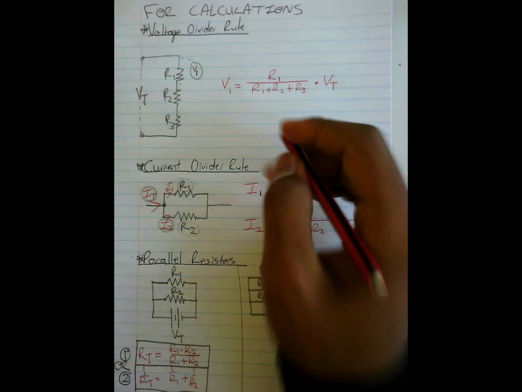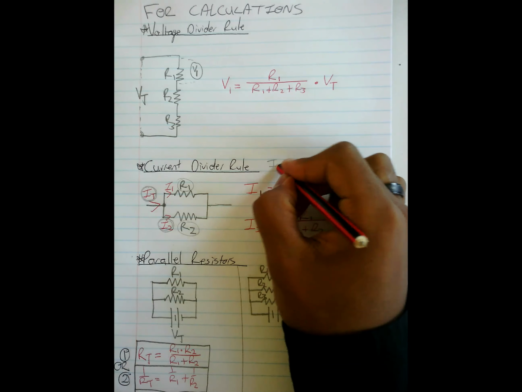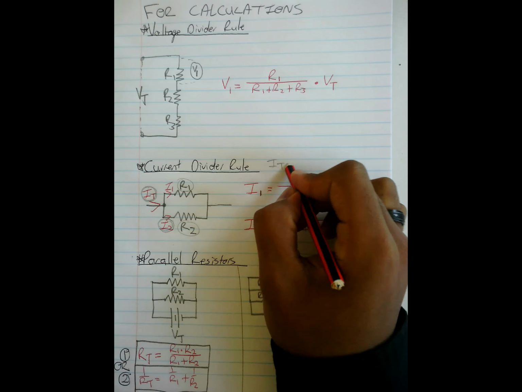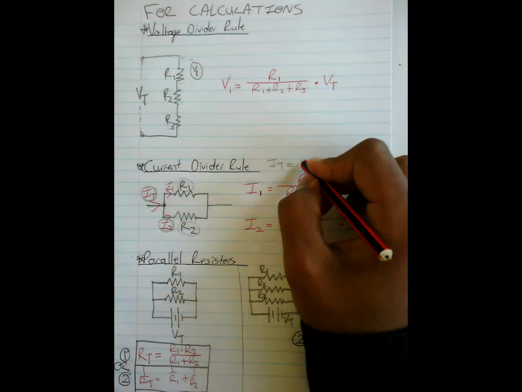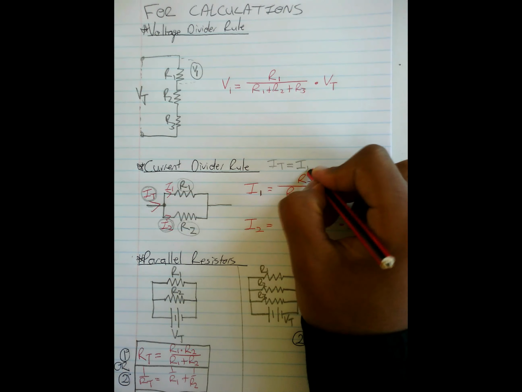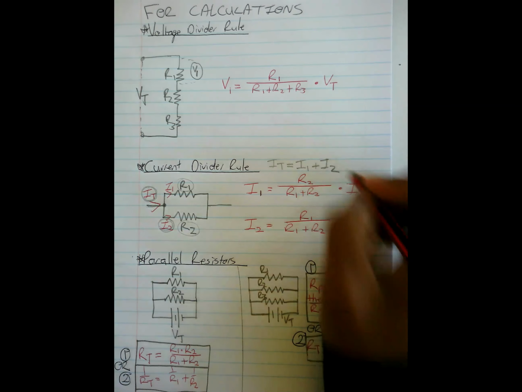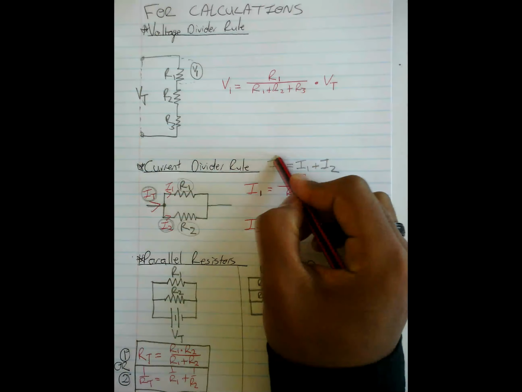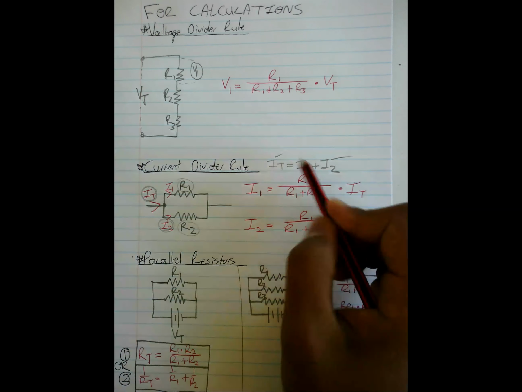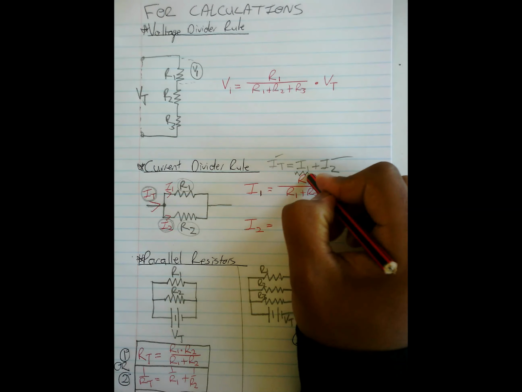Kirchhoff's current law says that the current flowing towards a point, meaning this, is equal to the sum of the currents flowing away from that point. That means we have I total, we have I2, and we need I1.